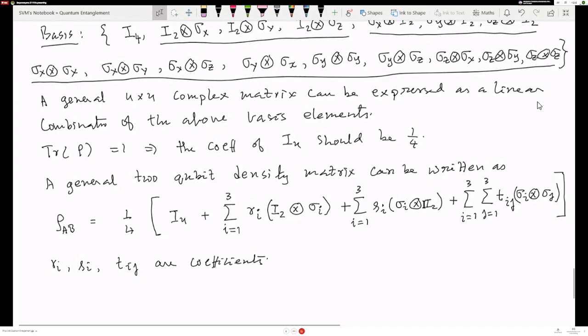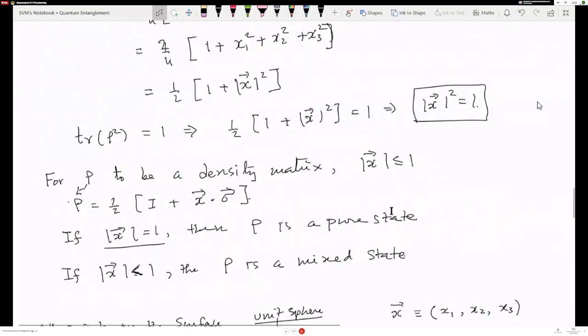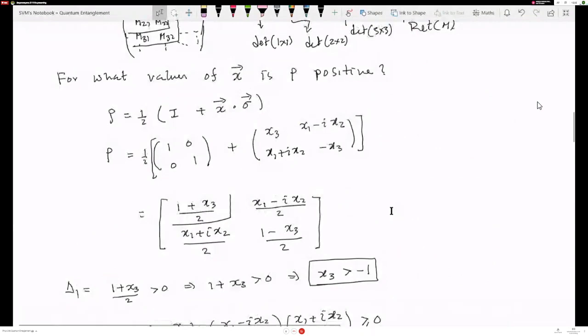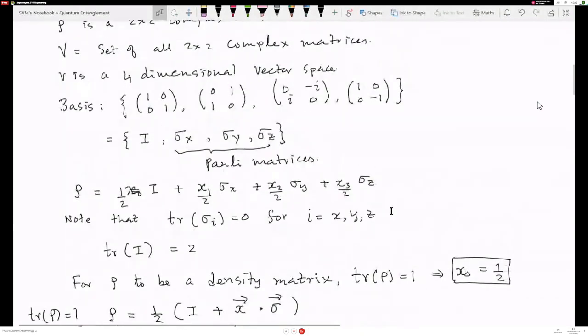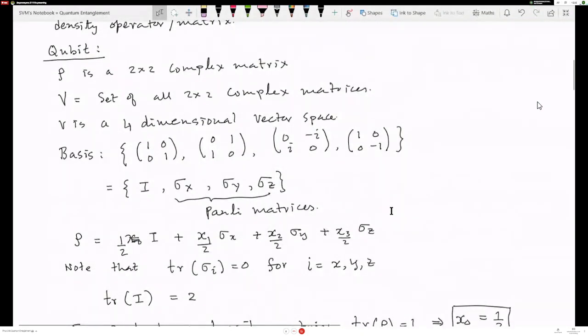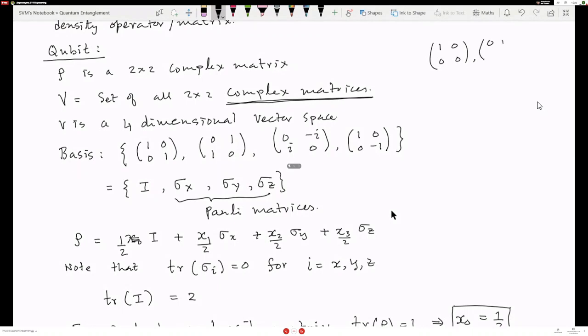So you're asking this question with respect to qubit. You could have asked there also, right? So the point is that if you have a vector space of complex matrices, you could have used this kind of a basis: 1 0 0 0, 0 1 0 0, 0 0 1 0 and 0 0 0 1.